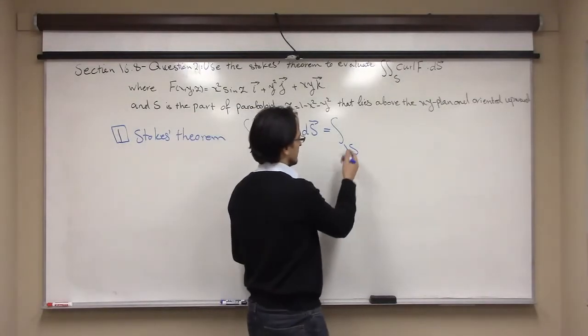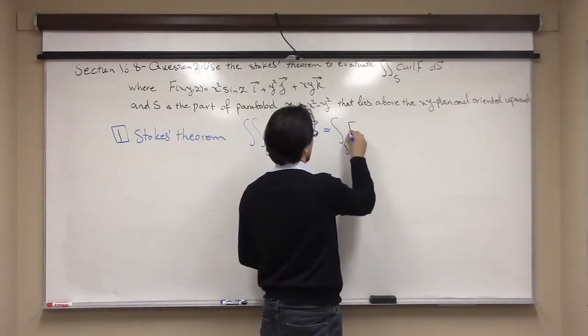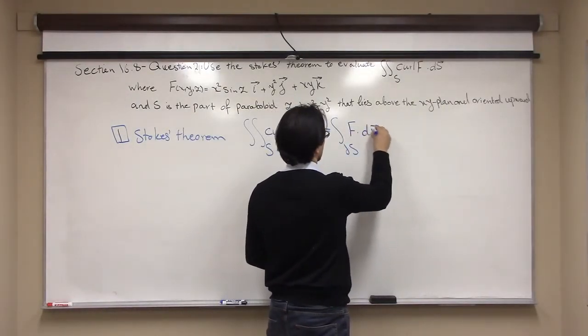So this is the boundary of that surface, and F dot dr.